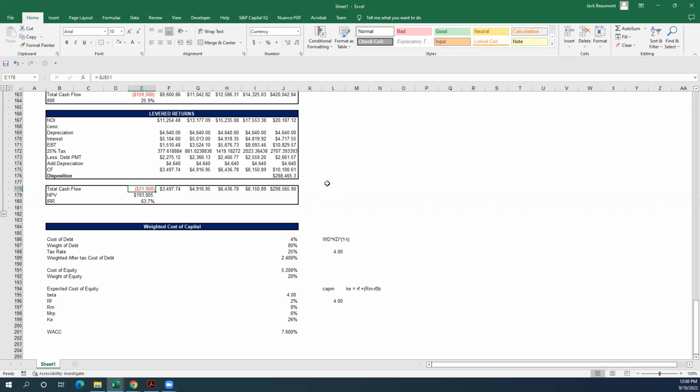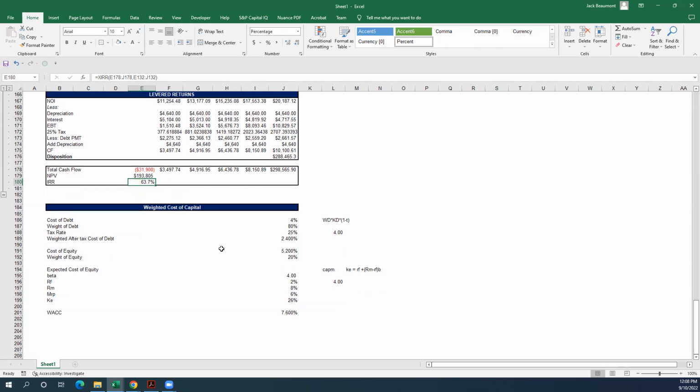Okay, so the general rule is if your net present value is greater than 0, then the project or investment is good, because we're creating cash flow. The other rule is that if the internal rate of return is greater than our cost of capital, then that also means that our investment is good.